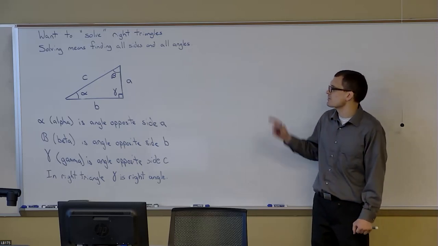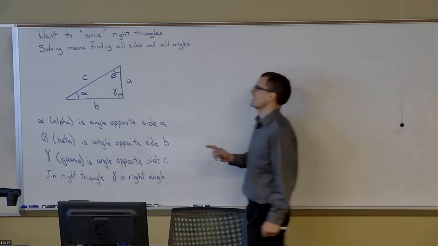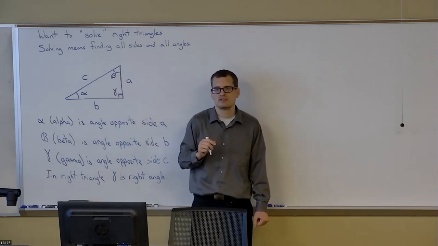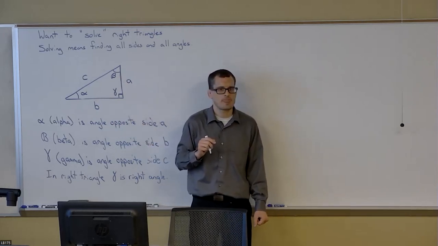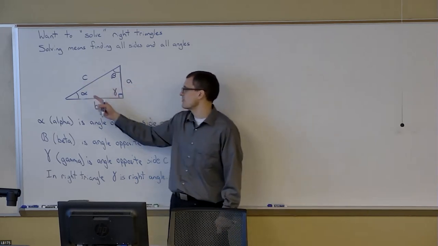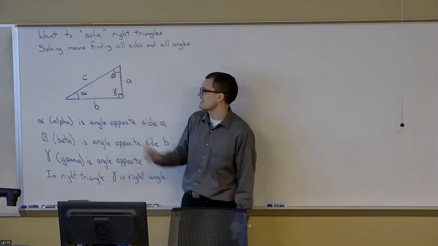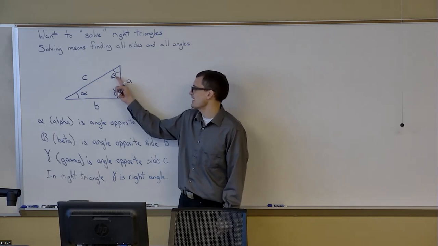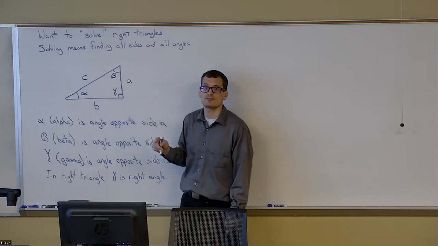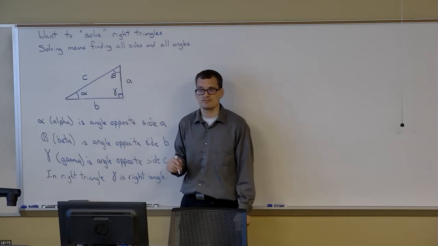And what we're going to do is solve a right triangle. That means I'm going to give you a couple of these and we're going to find the others. So if I give you A and C, we're going to be able to find the angles and B. If I give you A and B and beta, we're going to be able to find the other measurements and then also find the other angles.